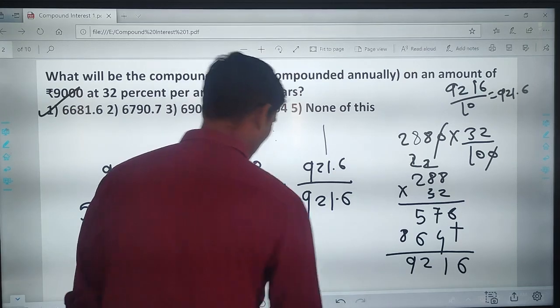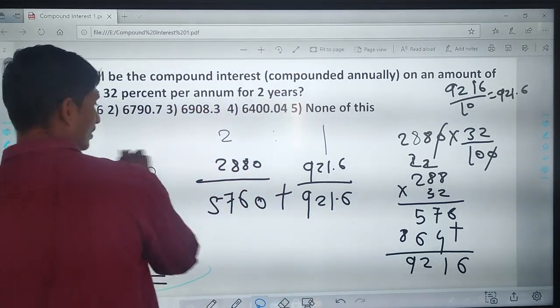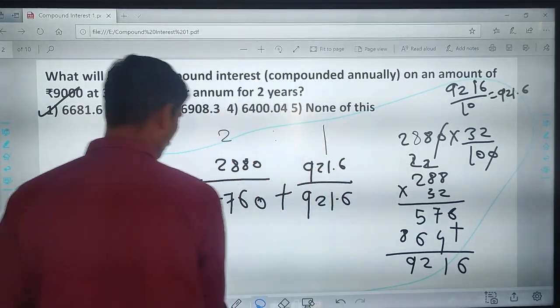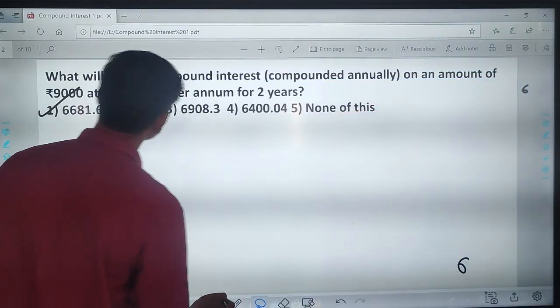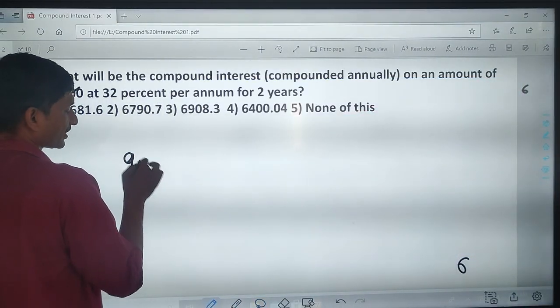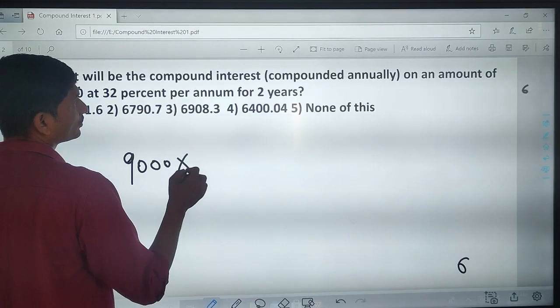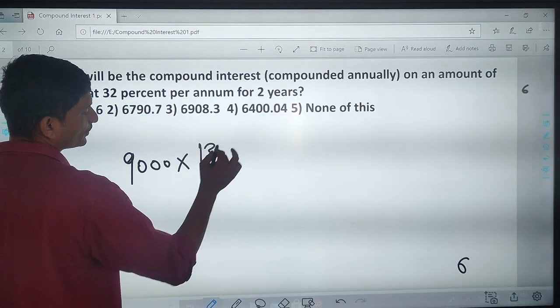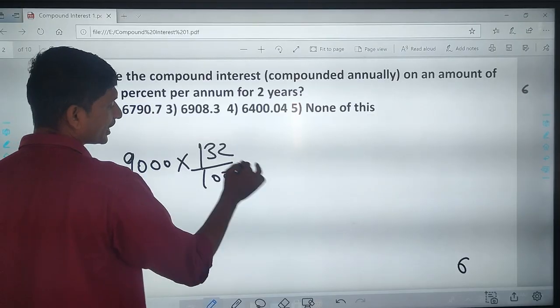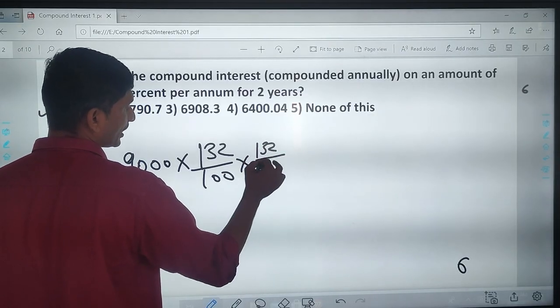Now here we find the compound interest for 2 years directly. Or we can also find this by 9,000 into 32 divided by 100 into 32 divided by 100.